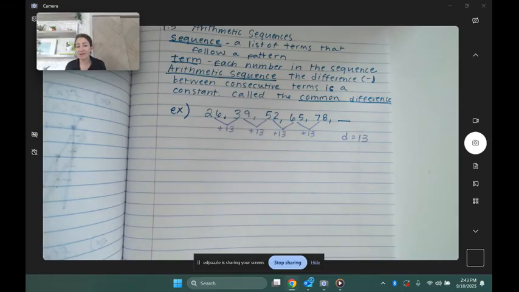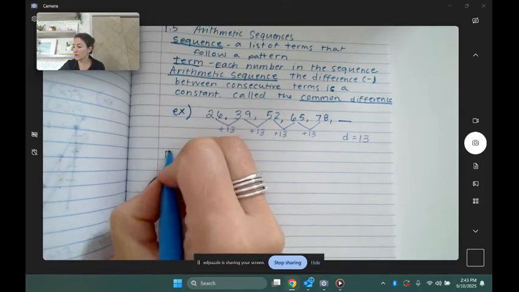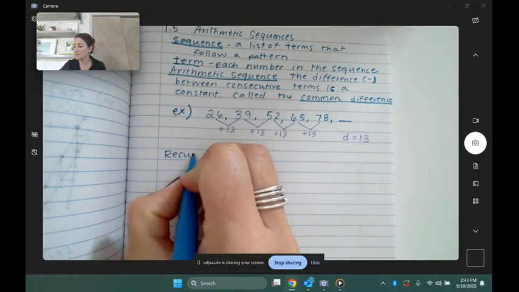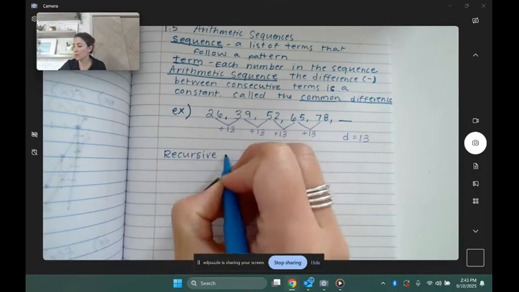Now, there's a couple things about the arithmetic sequence that we can use to define it, because we don't always want to list every number in a sequence, because sometimes they go on for a really long time. So there are two types of formulas that we've got here. One is called the recursive formula.